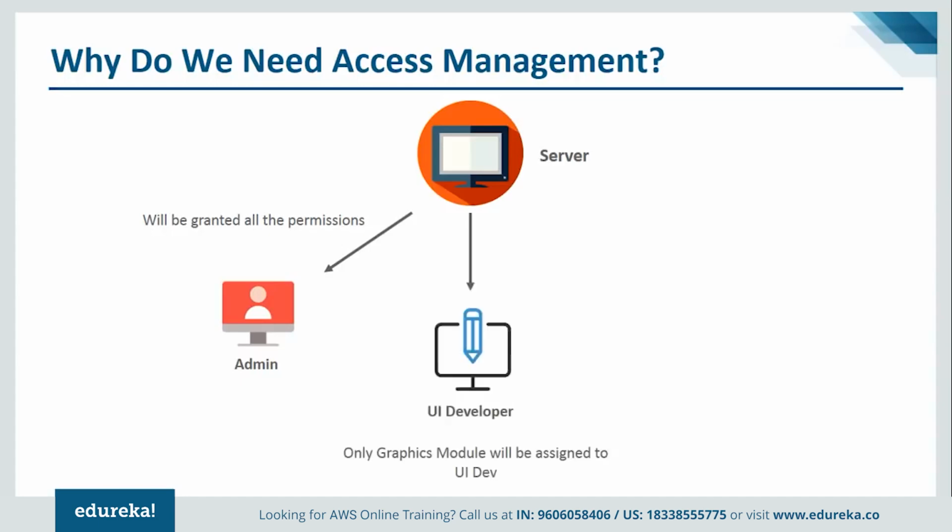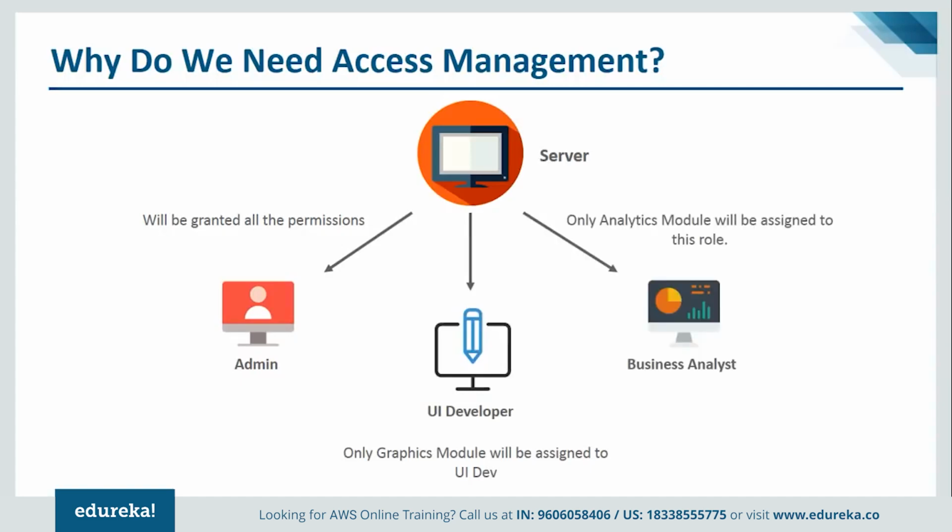and specific rights will be given to a UI developer, right? Similarly, if after that a business analyst comes in, he should only be able to access the analytics module which is there in your server, right? He should not be able to get into the UI development part, or he should not be able to see the other aspects of what is there in your server, right?